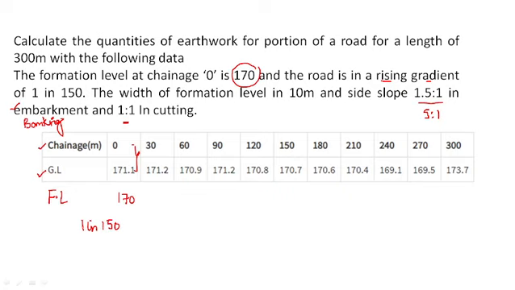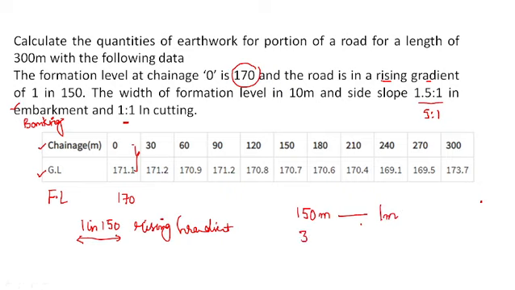How to calculate this? For 150 meters, there is a rise of 1 meter. So, for 30 meters, what is the rise? That we need to solve. Rising gradient 1 in 150 means for every 150 meters, there will be a rise of 1 meter.